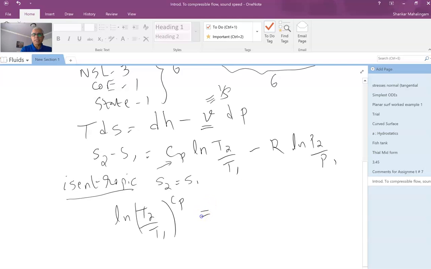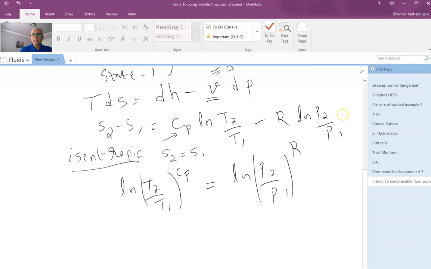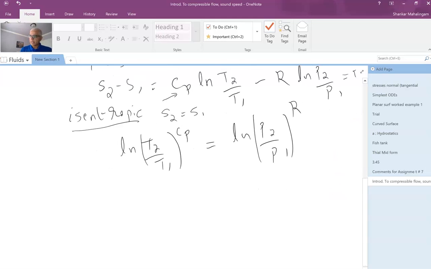And this would have to be equal to the ln of P2 over P1 raised to the power R. I get that by setting this expression to be 0. I can rearrange this and write down T2 over T1 to the power Cp is simply P2 over P1 to the power R.